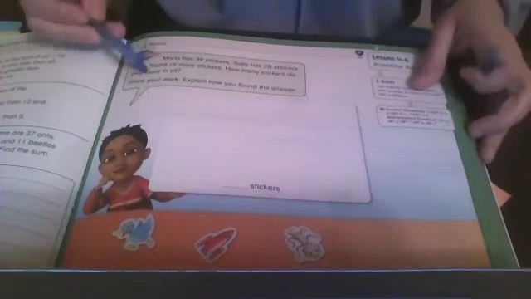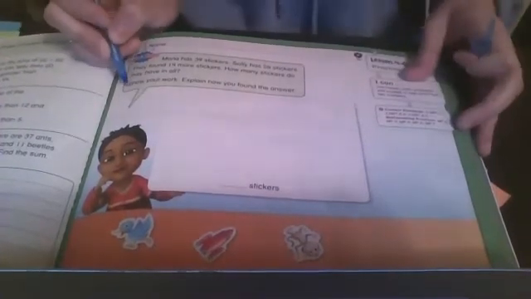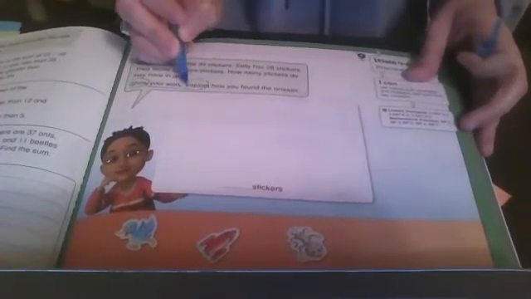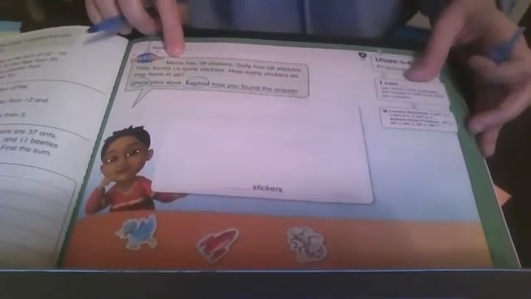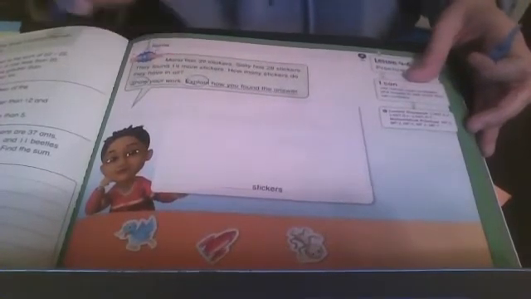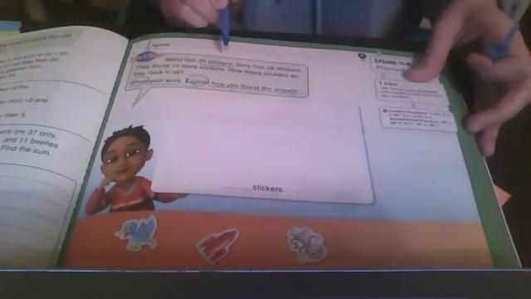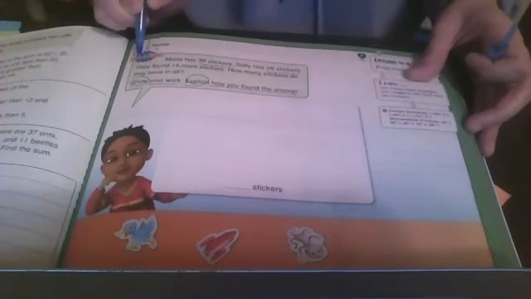Okay, so the first part is the story, and the second part are the directions, which are to show our work and to explain how we found the answer. So let's go back to the story and identify some important information. We know that Maria has 39 stickers, and we know that Sally has 28 stickers.